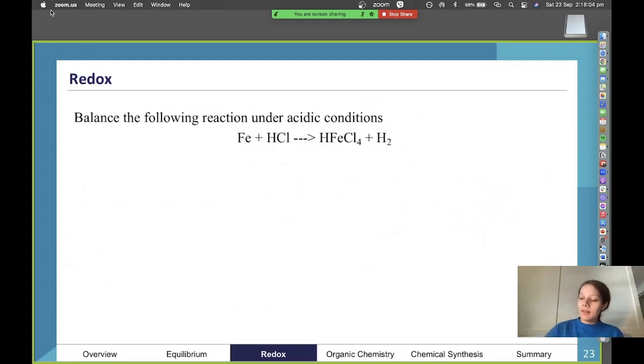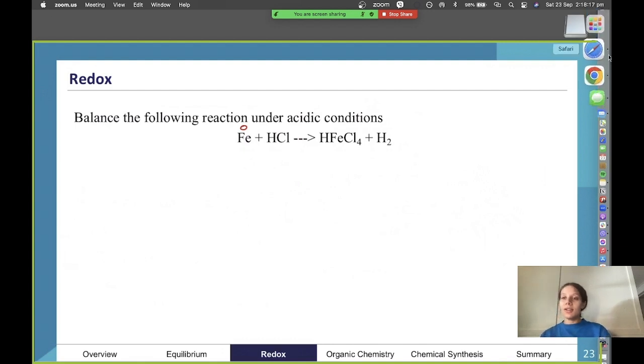So our iron is just sitting there by itself and doesn't have a charge. So we assign it a 0. Then for our HCl, I might actually get up a periodic table.